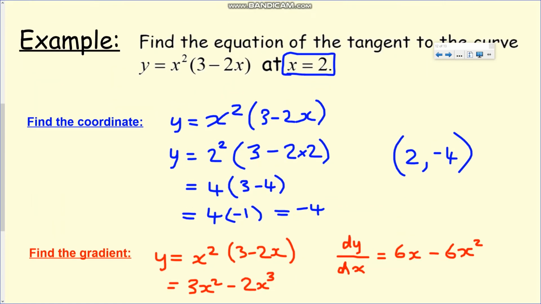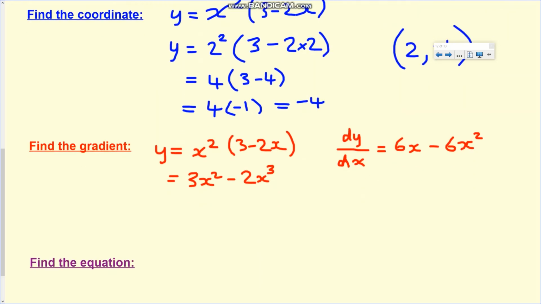All right, to find the gradient, again, I know what my point is. My x point has 2 as its value, so I'm going to substitute this in. I'm going to find dy by dx at the value x equals 2.